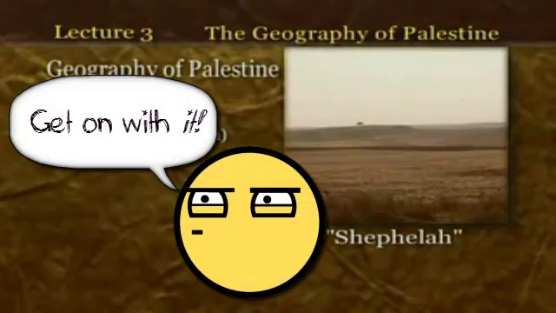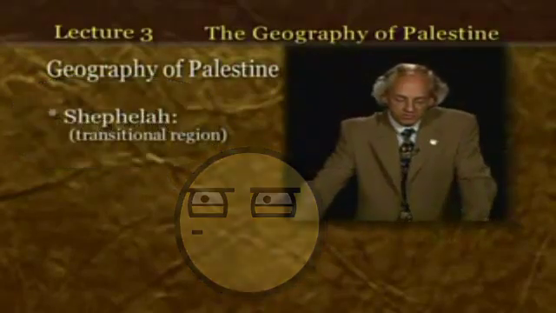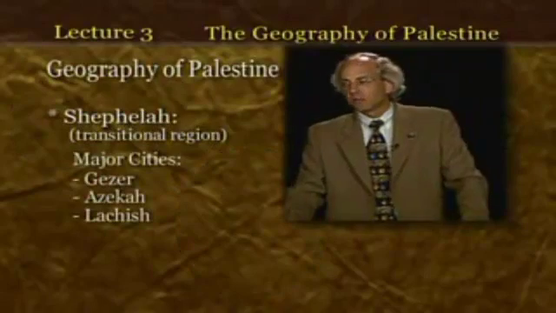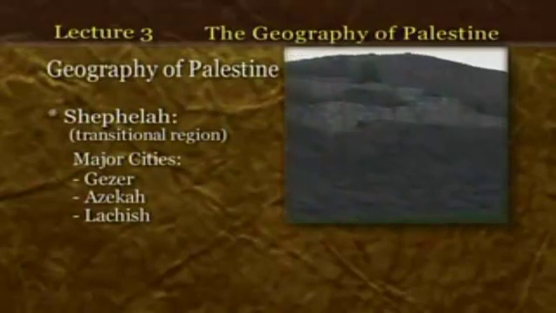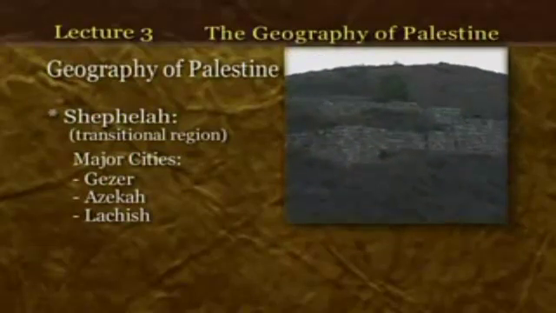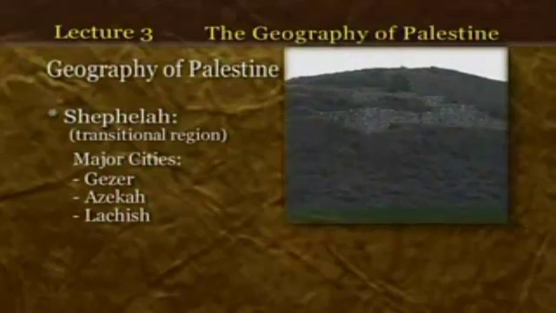They'll go riding in the parks, or they'll go hiking. It's a beautiful region. Major cities in the Shephelah are Azekah, Lachish, and then at the very northern tip there is Gezer, a major administrative city.